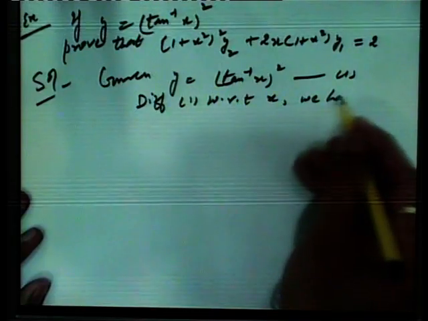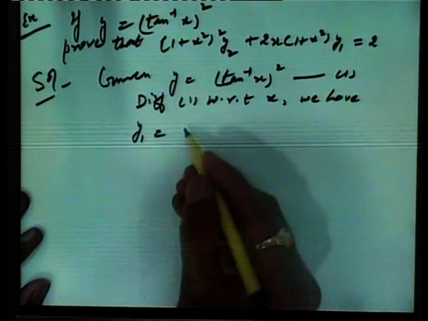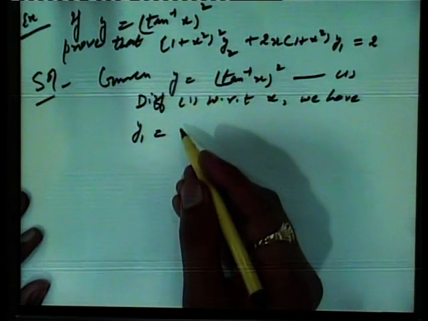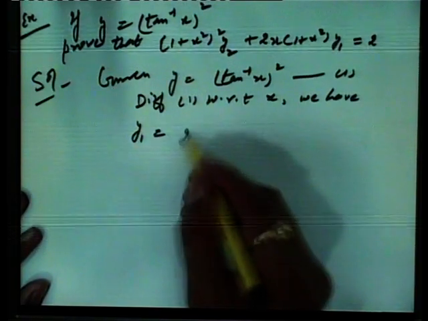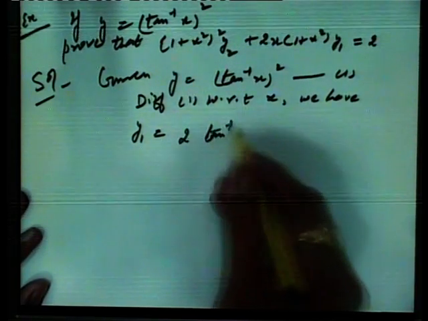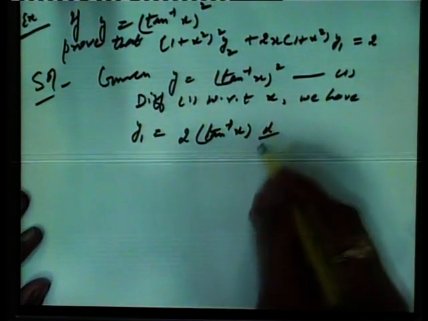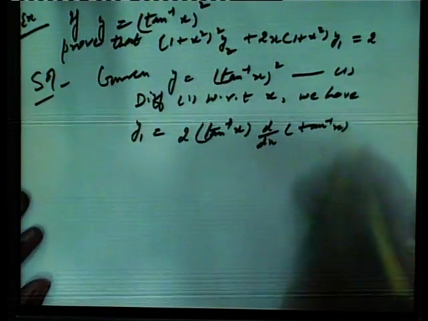We have y1 is equal to, now here we apply the formula x raised to power n, that is equal to 2 times tan inverse x to the power 2 minus 1 into d/dx of tangent inverse x.